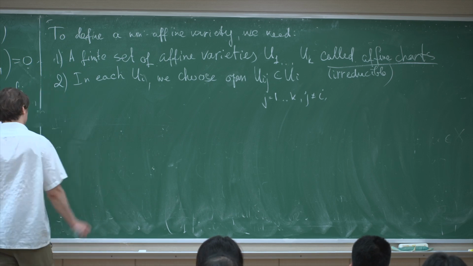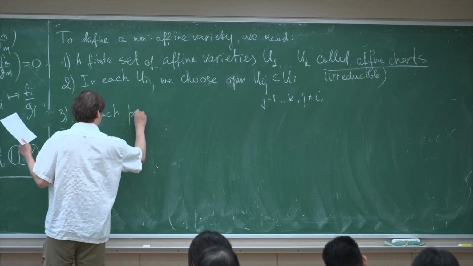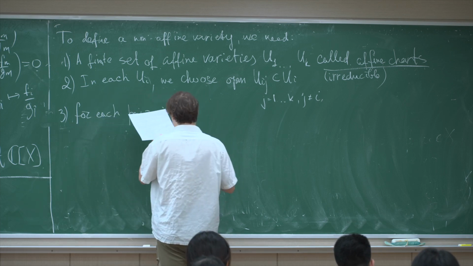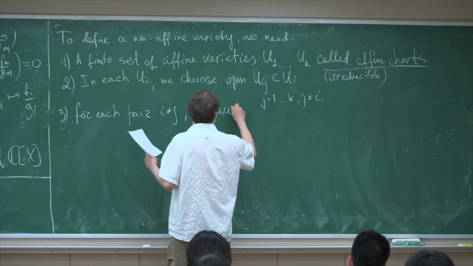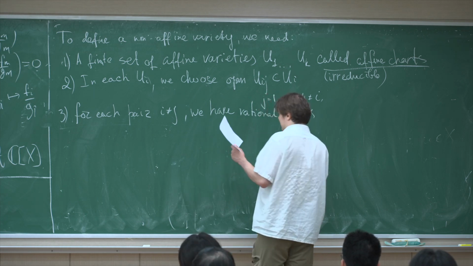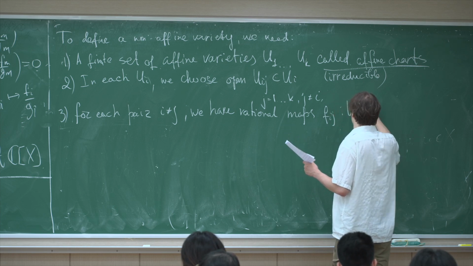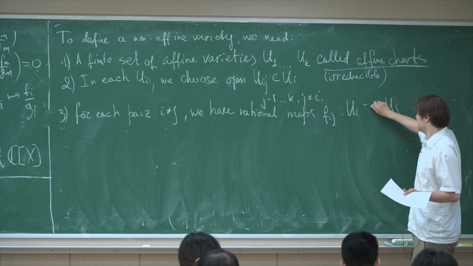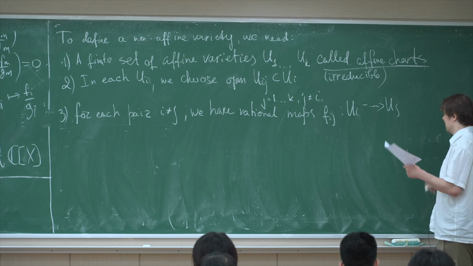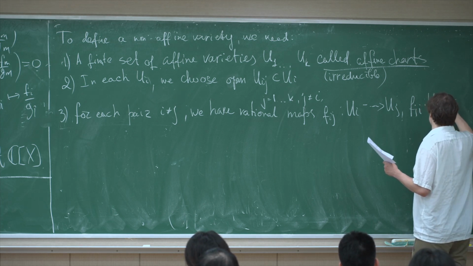And to do this, for each pair ij, i not equal to j, we have rational maps Fij from Ui to Uj, yeah, rational maps are usually denoted with these dashed arrows. And Fji from Uj to Ui.